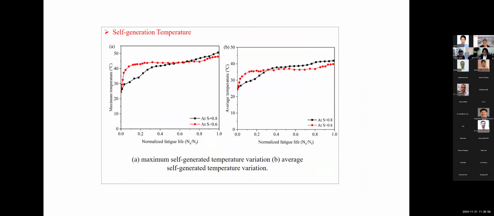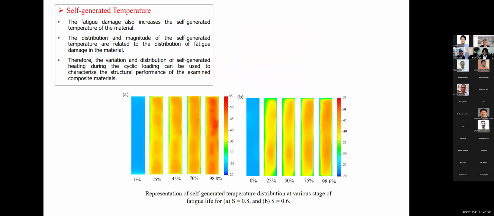Similarly, from the temperature data that we have here, we find that the fatigue damage also increases the self-generated temperature. This is the data available to us for two stress levels. This is the initial sample, the blue one, it is very cold, and then when you keep on cycling, the temperature rises. The lab temperature is 24.